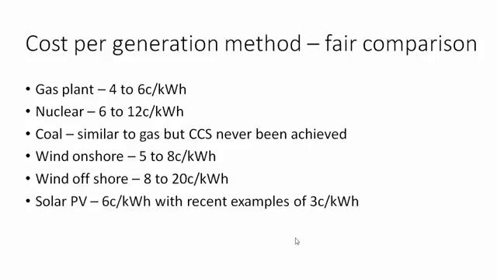Now, another tremendous success story has been solar. It's probably fair to say that the cost of solar to date has been around 6 cents a kilowatt hour, but costs have been coming down very, very fast. There have even been recent examples in high solar gain areas of the world, like the United Arab Emirates in Dubai, where projects have been signed with power purchase agreements in the region of 3 cents a kilowatt hour, which would make it even cheaper than most gas plants worldwide.